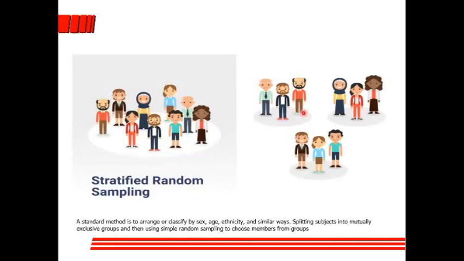Dito naman in-arrange siya dahil sa sex natin, puro female siya. Or dito naman based sa ethnicity nila. So, splitting subjects into mutually exclusive groups and then using simple random sampling to choose members from the groups. Yun lang yung for the stratified random sampling natin.